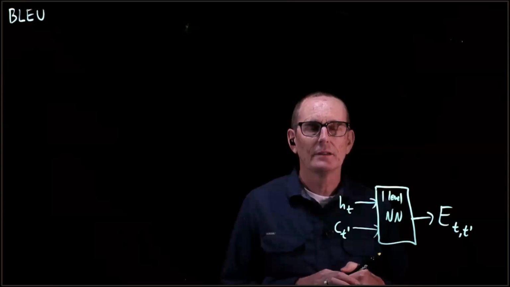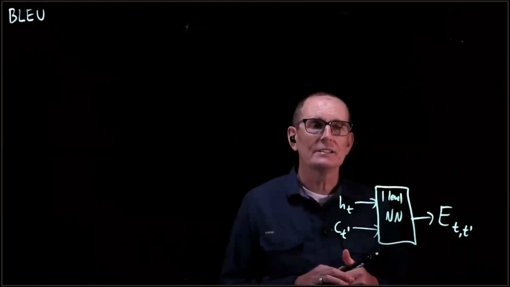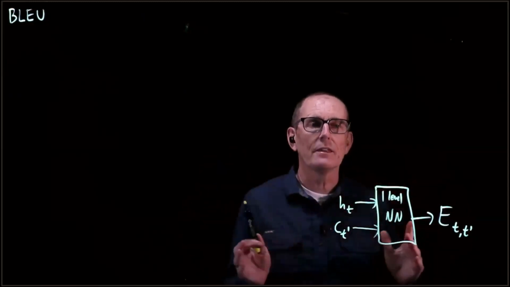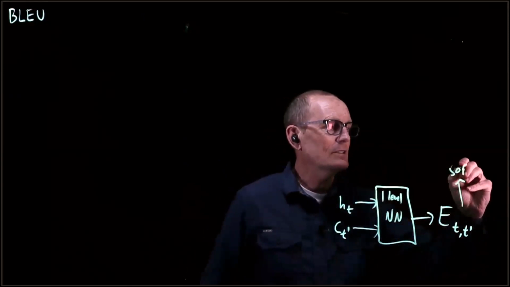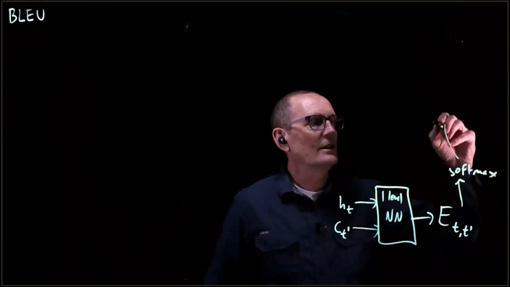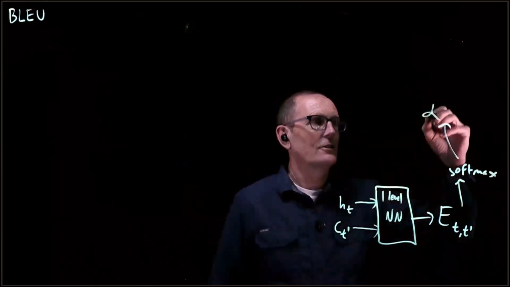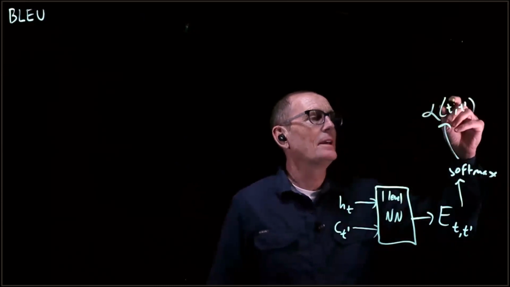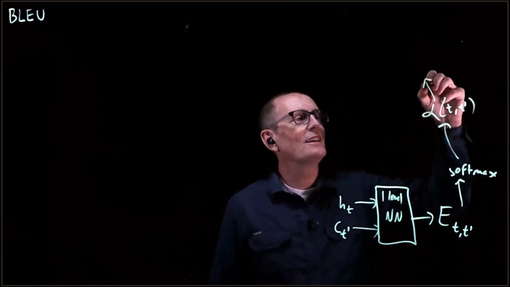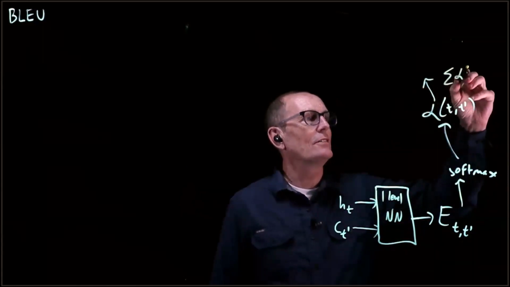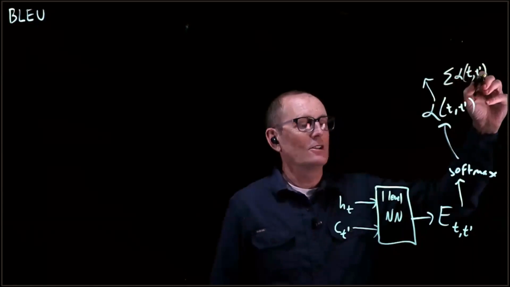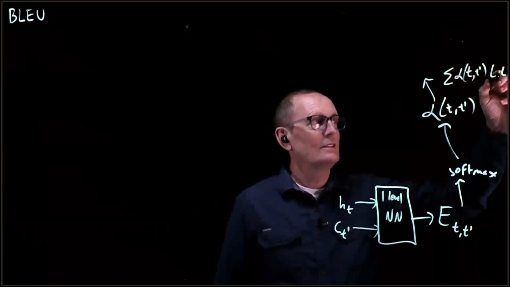How do we learn those weights exactly? Like what's the data that we're using? Well, this is not trained separately, right? This is all trained together. So this goes in through a softmax, and then eventually we get these alphas, of TT prime. And then those get put in, so that we have the summation of the alpha TT prime along with the C T prime.